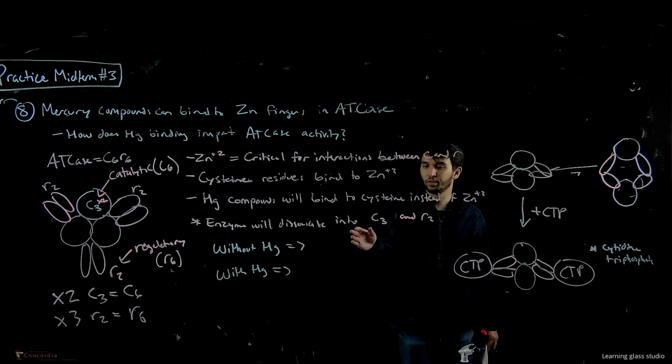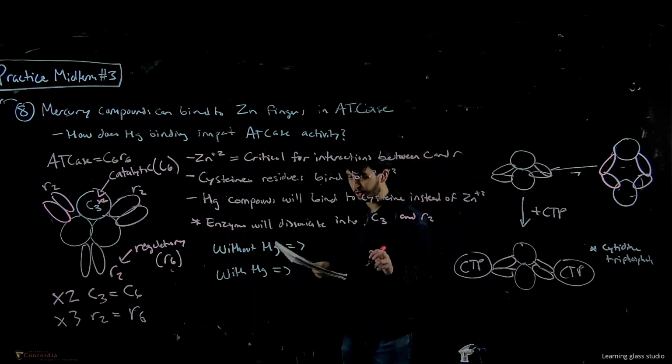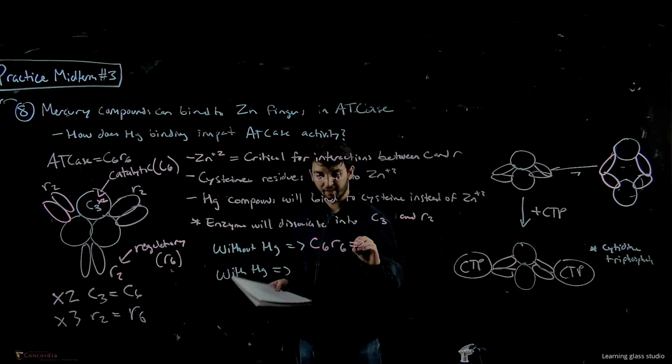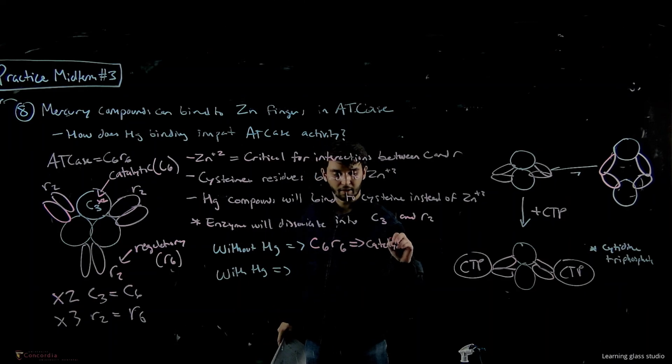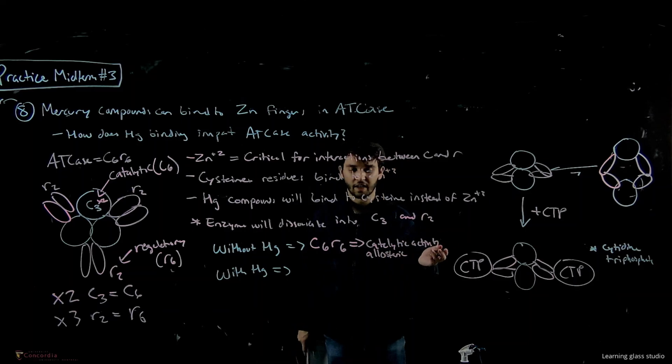So the enzyme will dissociate into C3 and R2. So without any mercury, you get C6R6, and this has catalytic activity. It also has allosteric regulation. So one of the most important things about ATCase is that it can be regulated allosterically.